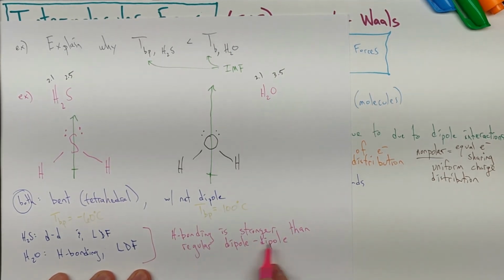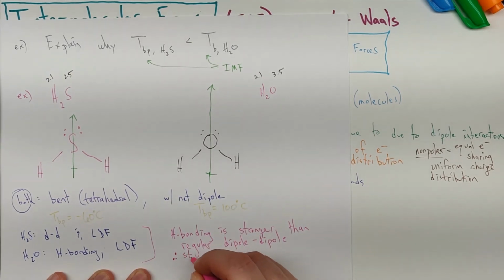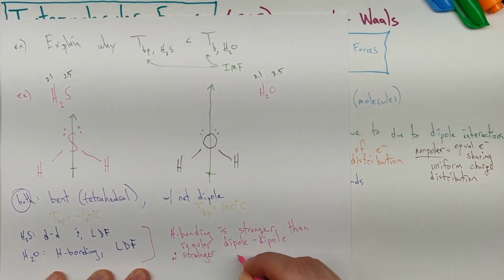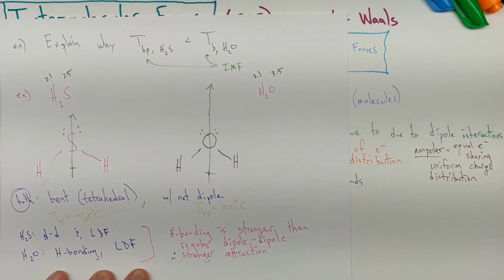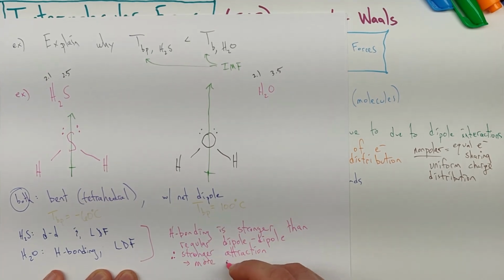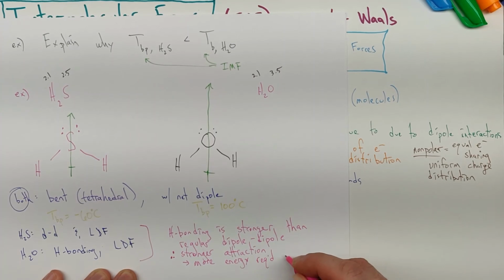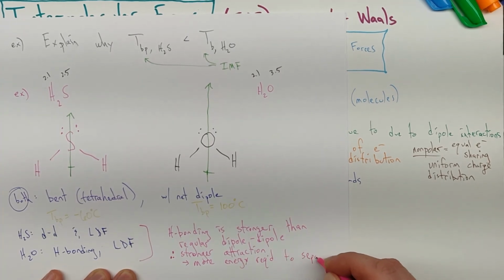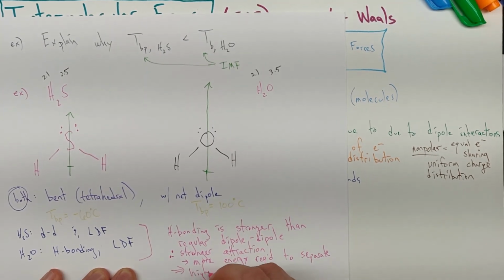So hydrogen bonding is stronger than regular dipole-dipole forces, therefore there's a stronger attraction, right? And more energy is required to separate them. Which is resulting in a higher boiling point.